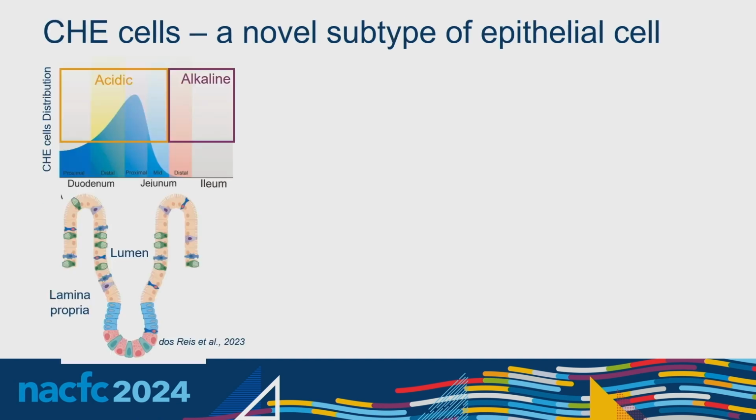There are several factors that favor these cells as being responsive to low pH and also in acid sensing. First, the location of these cells are in the proximal small intestine, in the duodenum and jejunum. Second of all, they are predominantly on the villi, so they face the lumen, where all of the CFTR is accumulated.